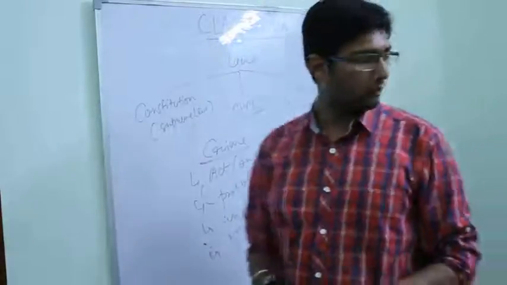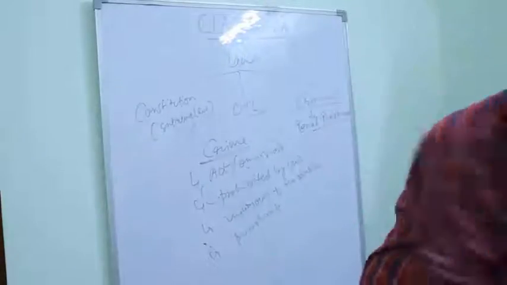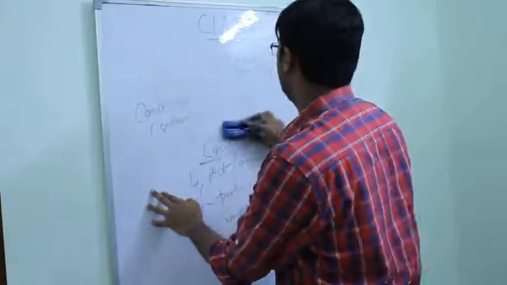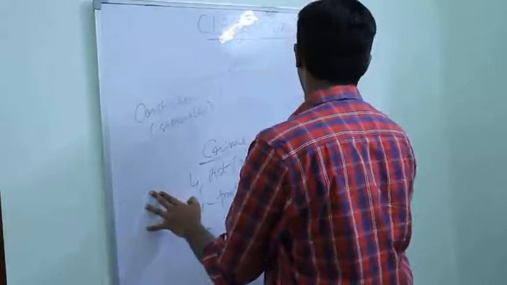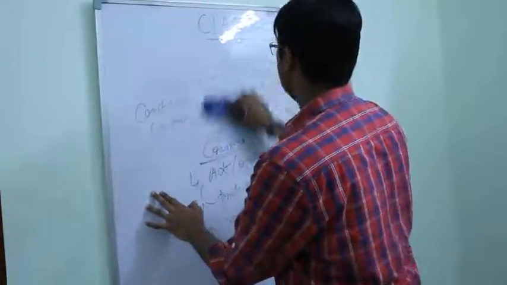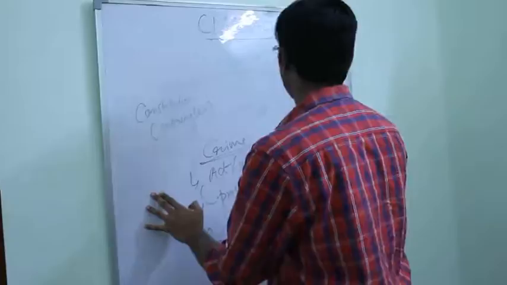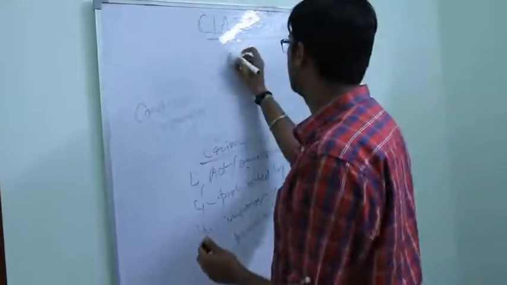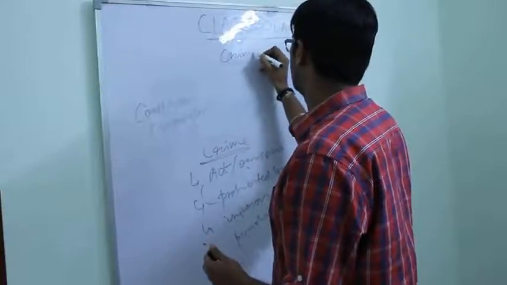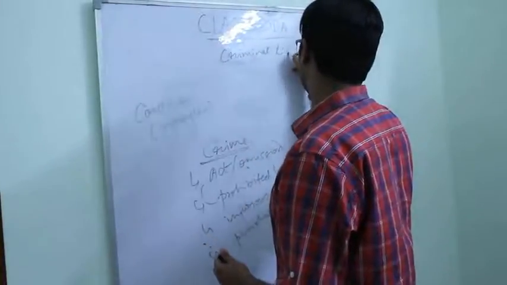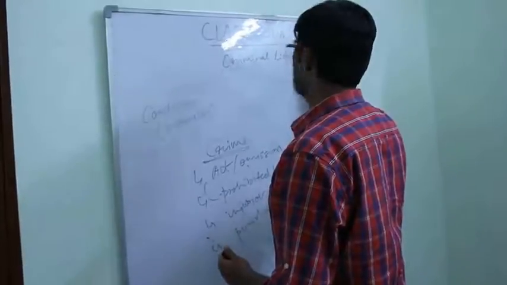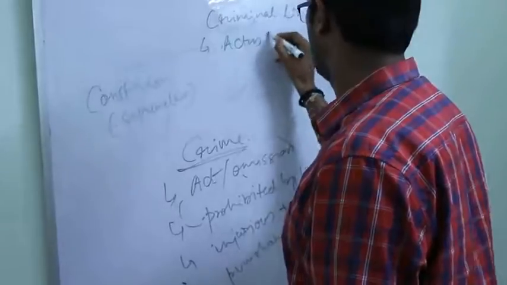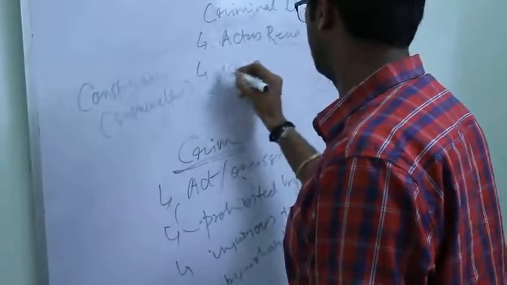As to criminal liability, there are two elements under criminal liability. In order to impute liability upon someone, we firstly need to see two things: actus reus and mens rea.